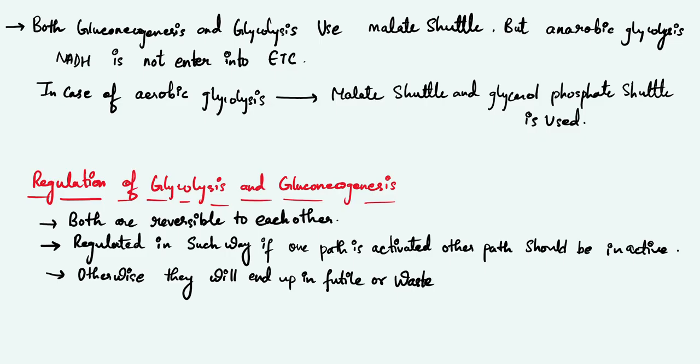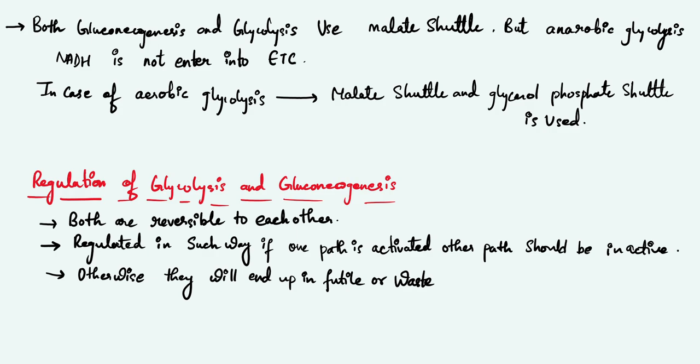Now, what is the difference between using the malate shuttle for gluconeogenesis and glycolysis? Both use the malate shuttle, but in anaerobic glycolysis, NADH does not enter the electron transport chain. In aerobic glycolysis, the malate shuttle and the glycerol phosphate shuttle are used.